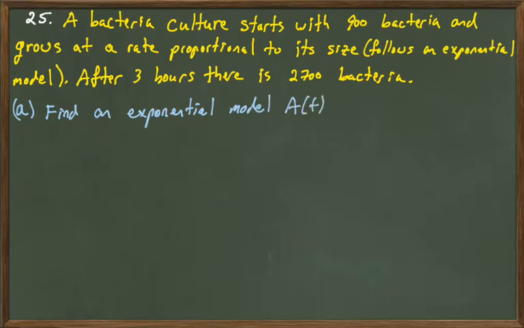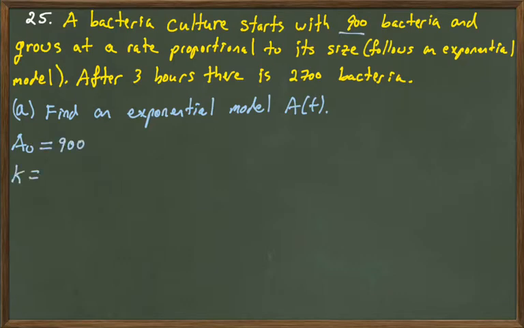Okay, and they might use the variable P. I think I might have the variable P in the notes. So the only thing different was we would do P sub t instead of A sub t. Other than being a different variable, it's no different. Okay, so let's go ahead and extract some information. So we do start out with 900 bacteria. So that's our initial amount. Okay.